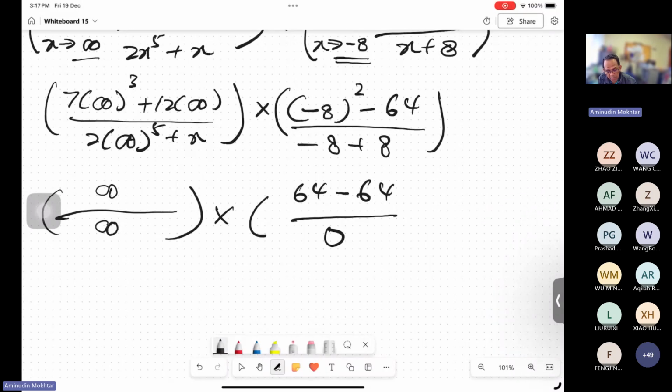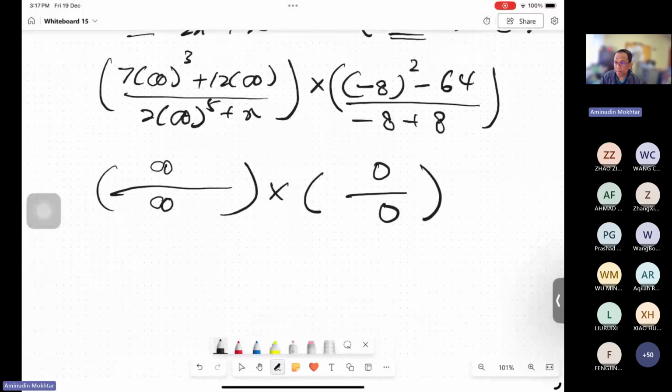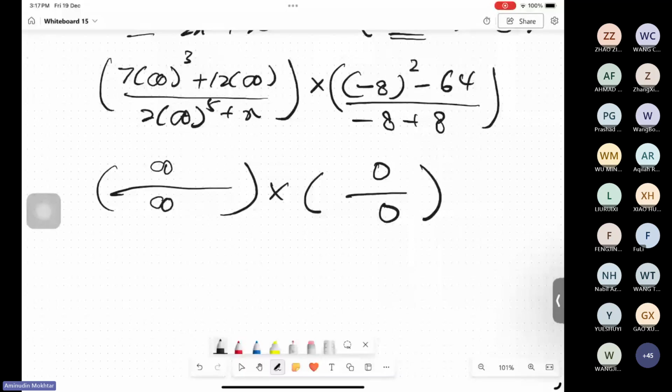So this part is 0 divided by 0. So in this case, we have two unique forms here. The first one is infinity divided by infinity. The second one is 0 divided by 0.